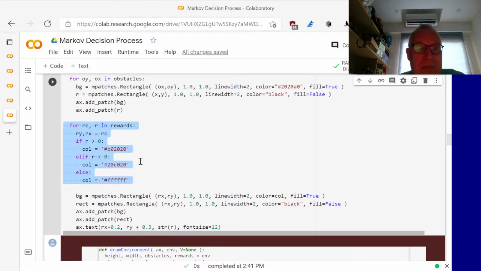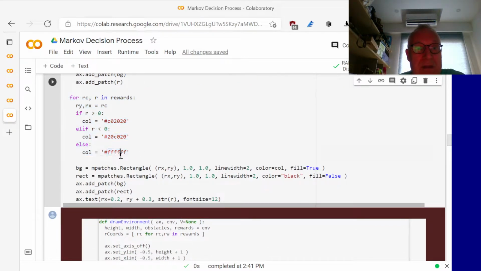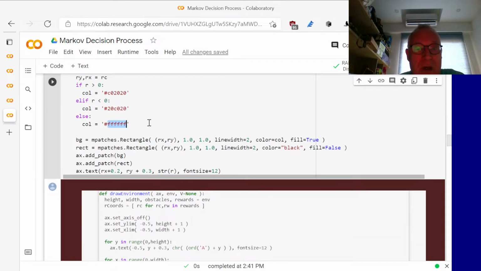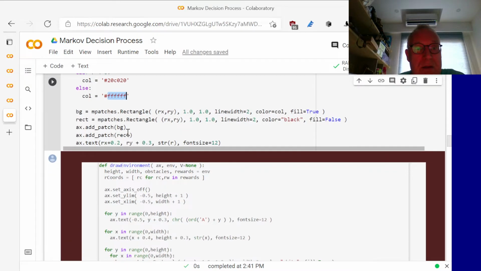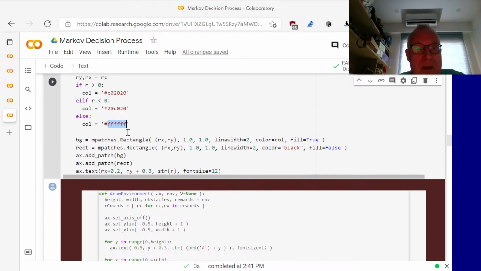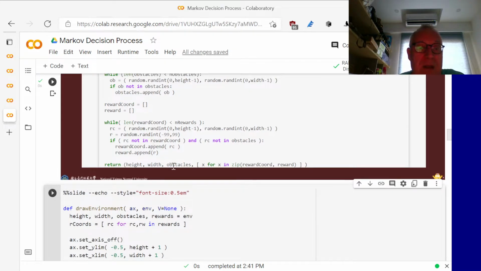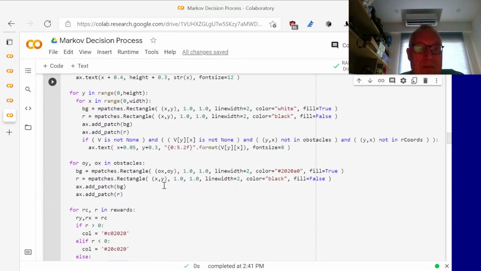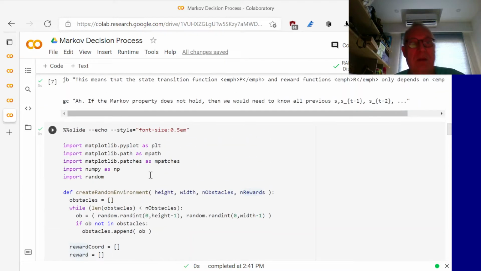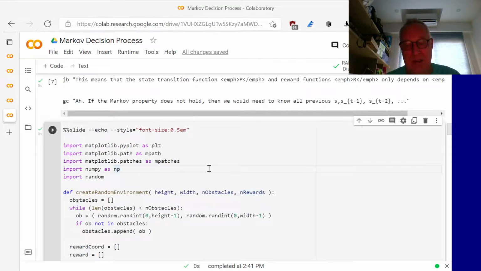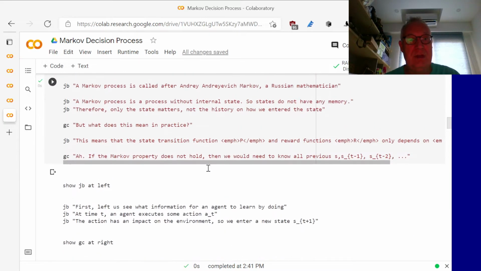And otherwise, if it's equal to 0, then it's no color, like white. That'll be filled in. And then those two functions allow me to generate a random environment and also draw the environment. So now I just have to make sure I actually executed those cells.